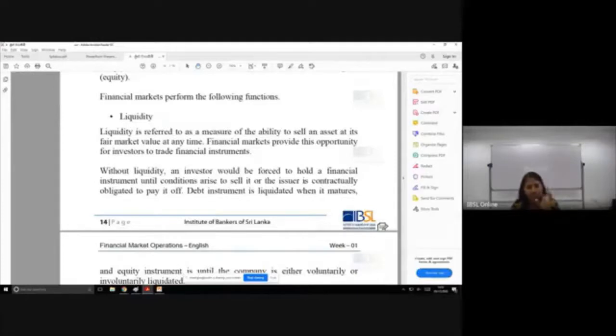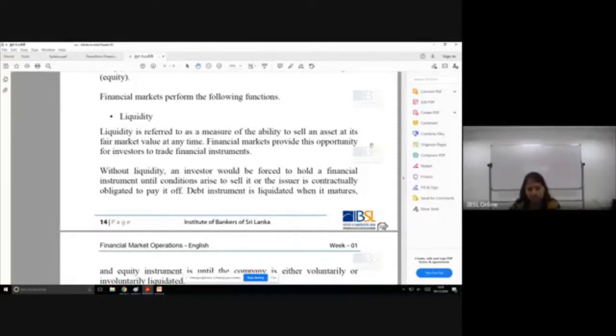The very first, or primary, function of a financial market is liquidity. What do you refer to as liquidity? Liquidity is the ability for you to sell something quickly and at the market value.